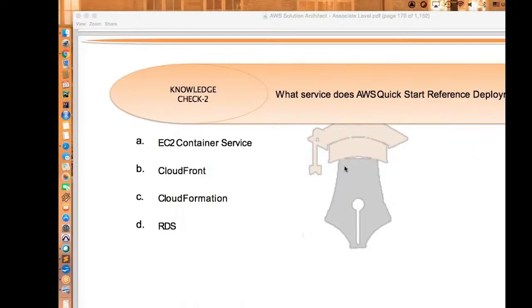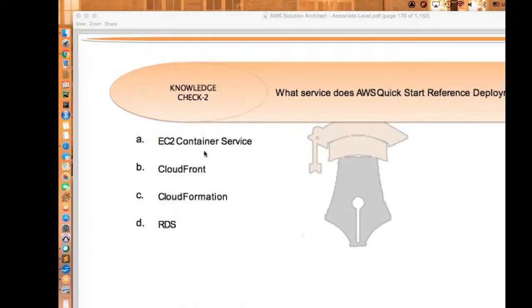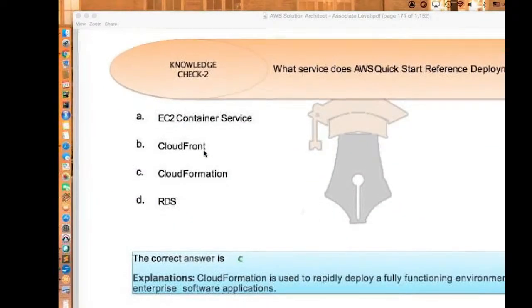CloudFront, huh? Okay. So the question here is what AWS Quick Start reference deployments use. Deployments and everything are the responsibility of CloudFormation. This one is for storage, and this is EC2, the instances.